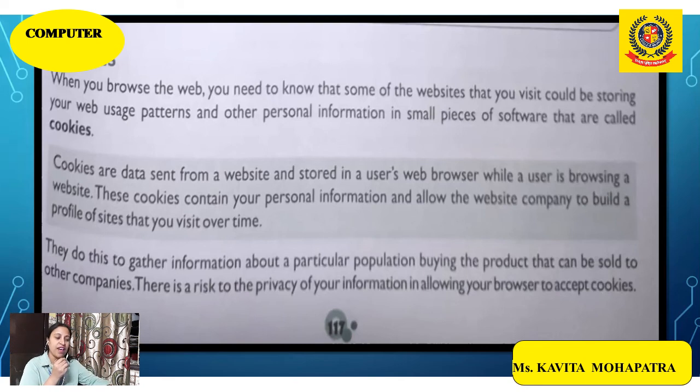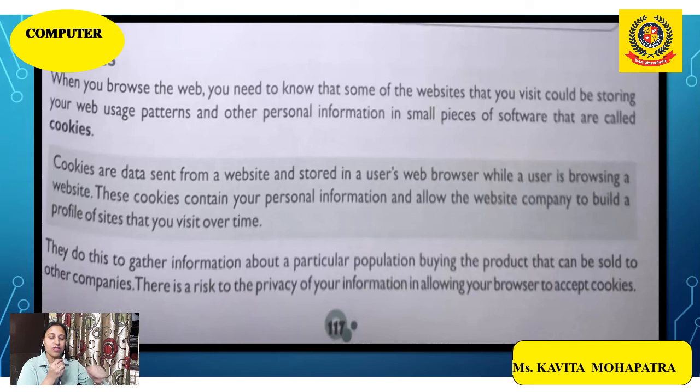Cookies are data sent from a website and stored in a user's web browser while the user is browsing the website. These cookies contain personal information and allow the website company to build a profile of sites that you visit over time. They do this to gather information about a particular population buying a product, which can be sold to other companies.